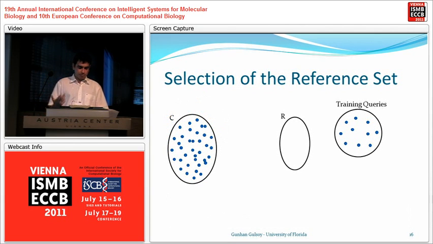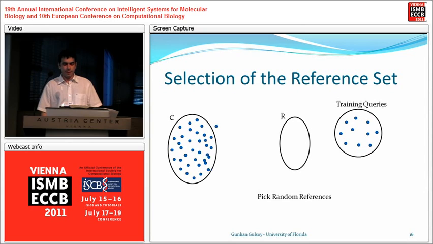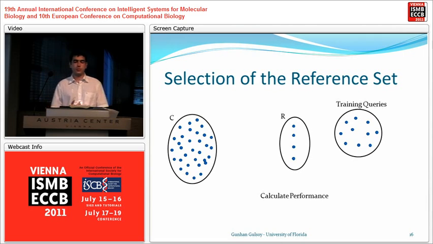We pick a good subset of C with the help of a set of training queries. These training queries are just possible queries for our database system we are going to put online. And let me start with explaining picking R. We start with picking a small subset of C, and then we calculate the performance of this reference set using our training queries.